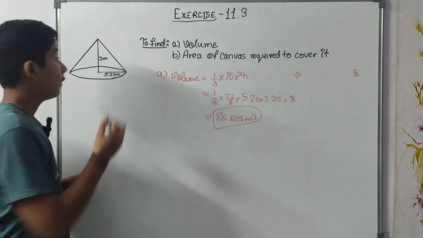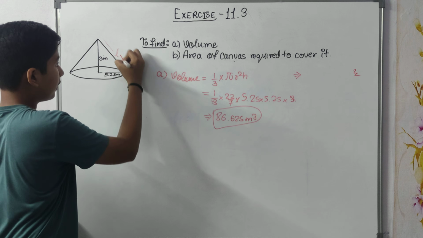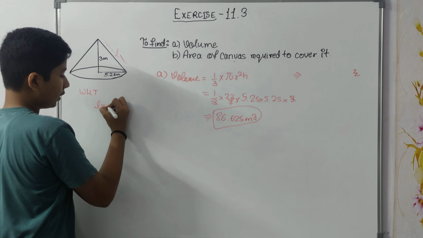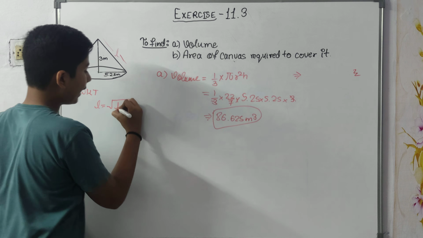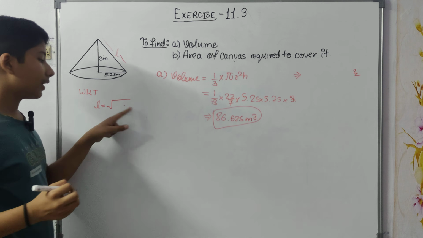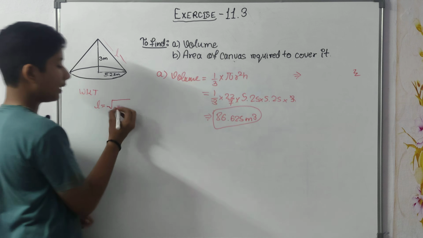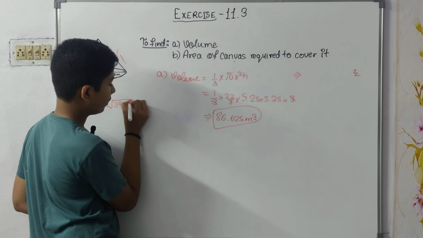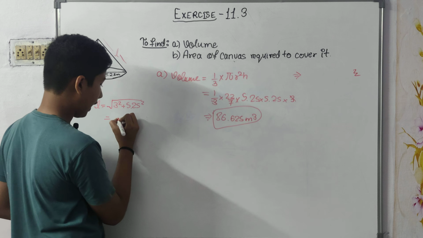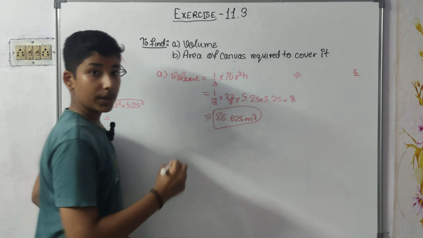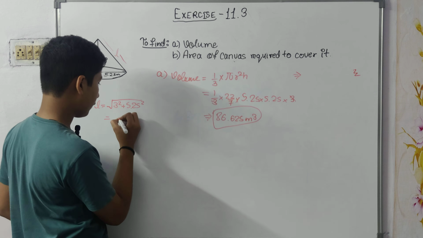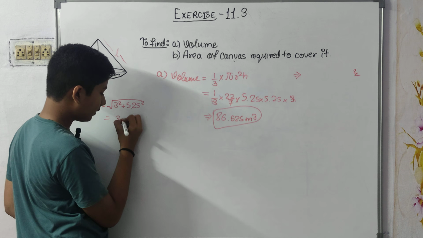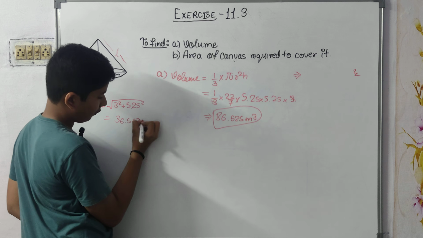For curved surface area, we have to find out this L. We know that L equals root of h square plus r square. Instead of writing h square plus r square, we just write 3 square plus 5.25 square, which will be 9 plus 27.5625, which will be 36.5625.